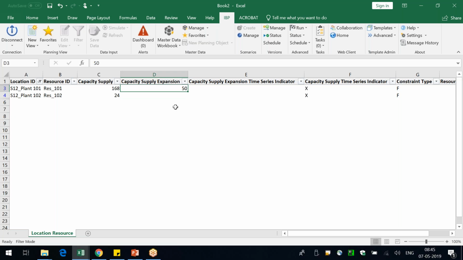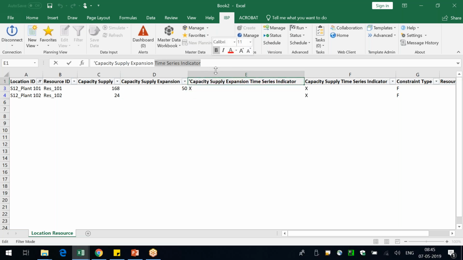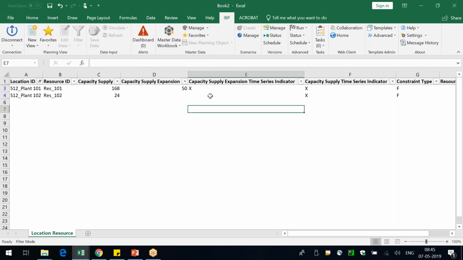And then if you don't want this to be static, you keep the time series indicator. Remember, this is what we were talking about initially. The moment you mark any attribute that has a time series indicator as X, that means the system would take the values from the input key figure. There's an input key figure called capacity supply expansion.